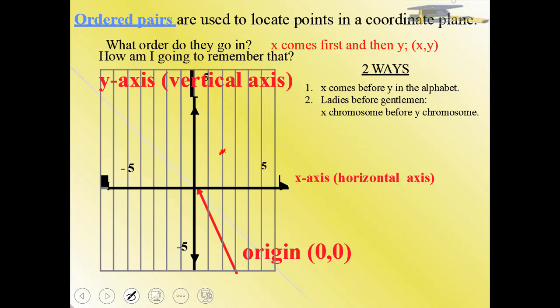We have the origin point here, which is the 0 point, and we have 1, 2. So here we are at 2 on the x-axis. And on the y-axis, we have 1, 2, let's say 3.